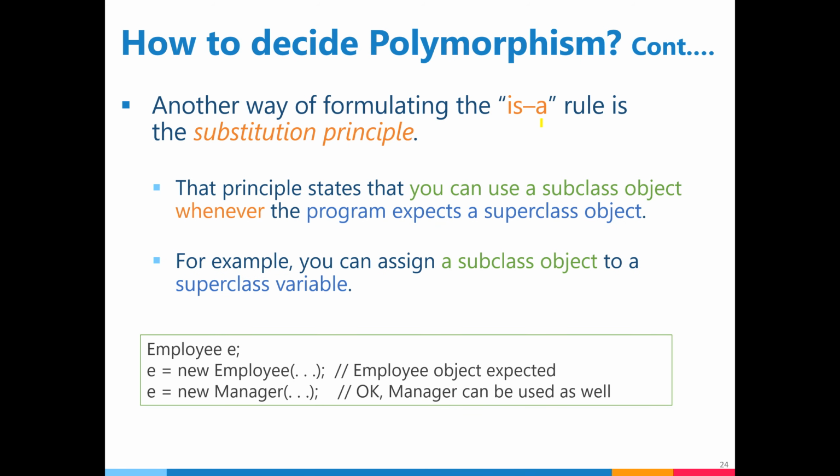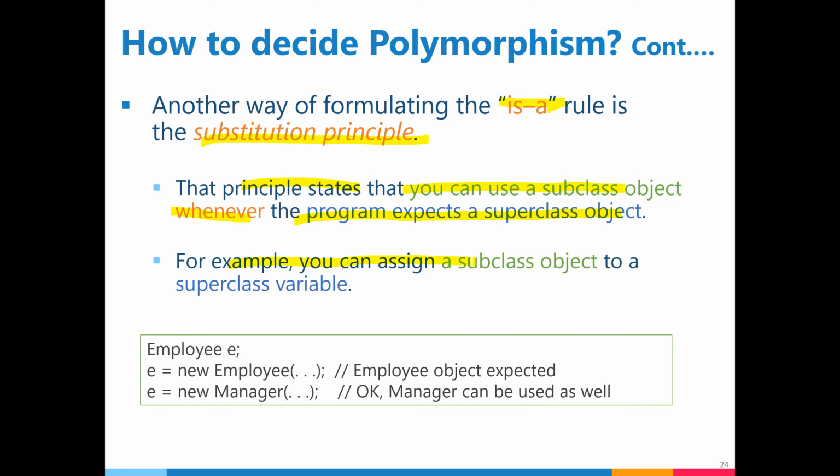Another way of formulating the ISA rule is the substitution principle. The principle states that you can use a subclass object whenever the program expects a superclass object, because the subclass already has whatever the base class has, right?